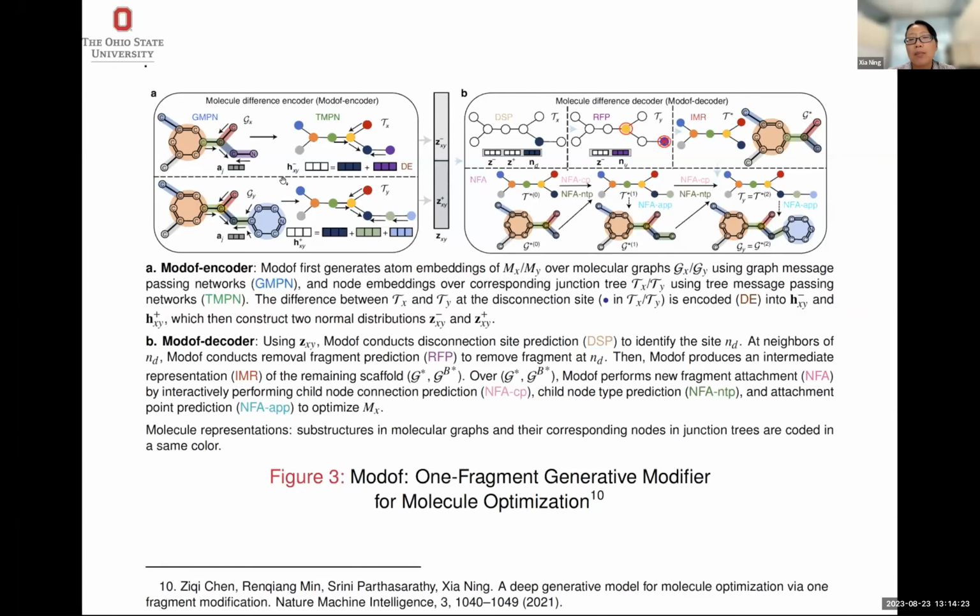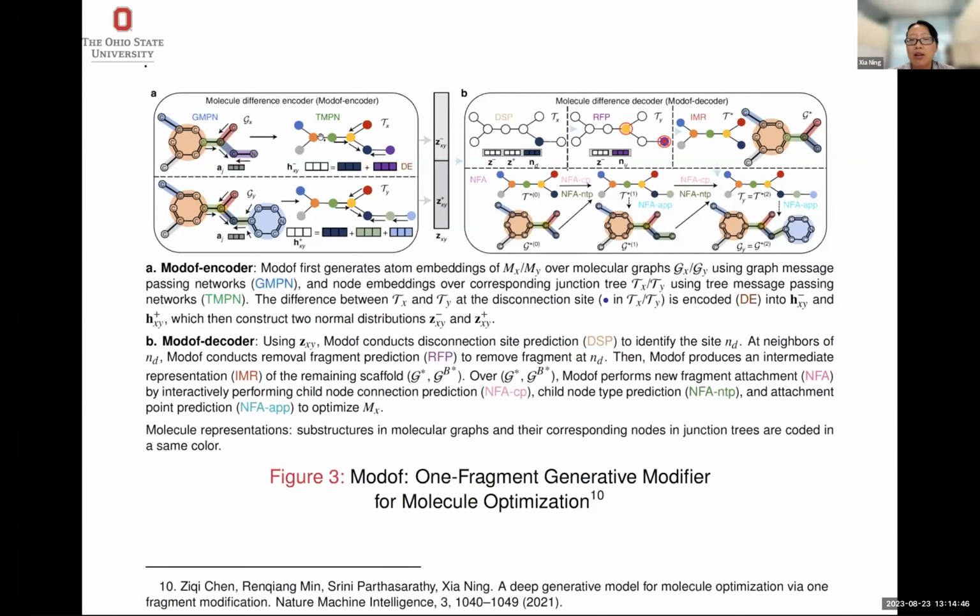In the encoding part, we need to represent the molecules so that we can represent the structure difference. In this case, we represent everything as 2D graphs, and we use graph neural networks, a graph message passing method, to aggregate information of each atom and generate an embedding of each atom.